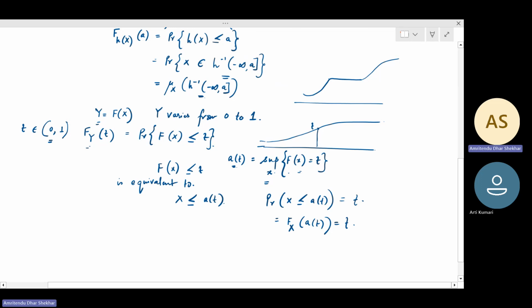The reason is that if you take t to be equal to one, then a of t becomes equal to infinity, and that makes things a little bit tricky. But that would not cause us a problem. So let's keep t varying in the open interval.